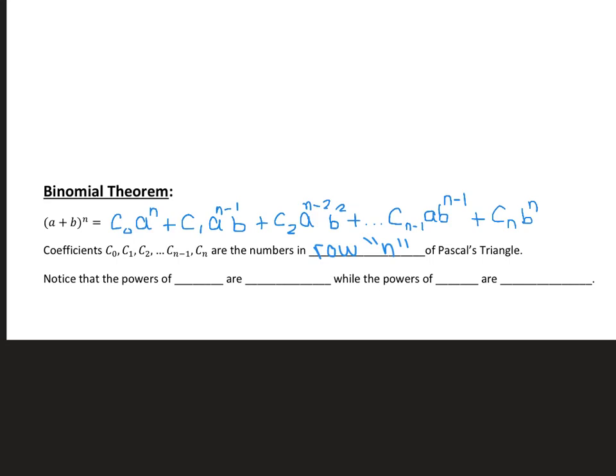And it's important to note that the powers of that very first term a are decreasing. They start at n, the largest, and they step down one increment at a time. And the powers of b, that second term in the sum, are increasing by 1 in each subsequent term.